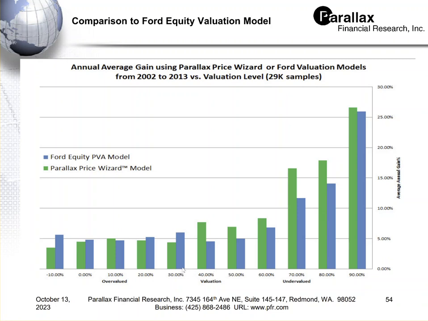So if you were 30% undervalued, then on the Ford model, the average annual return looks like about 6%, 7%. The green bars here are our Parallax model, showing if you're 40% undervalued, the average annual return would be something like 7.5%.